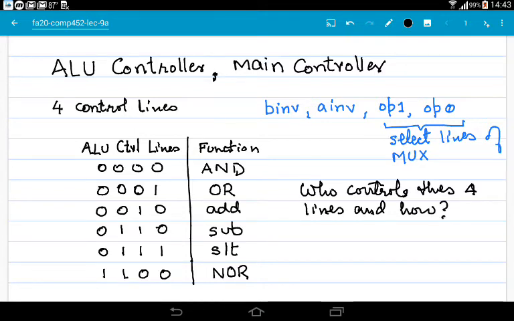Now the first part is very easy. The main controller controls these lines. So the answer to the first part is the main controller. And the answer to the second part needs a little bit more discussion.